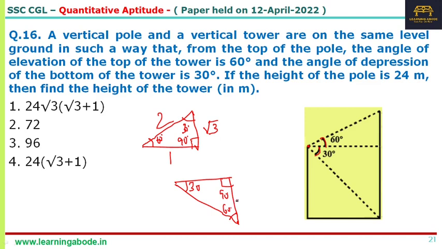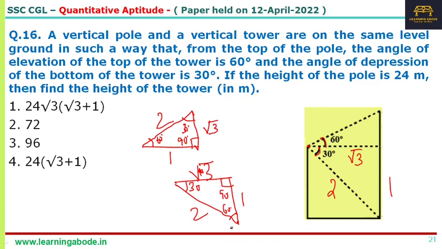So we have the relationship 1:√3:2. If you take this part as 1, then this is √3 and this is 2, right?